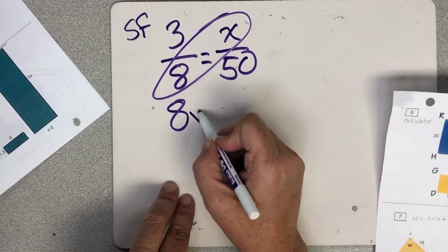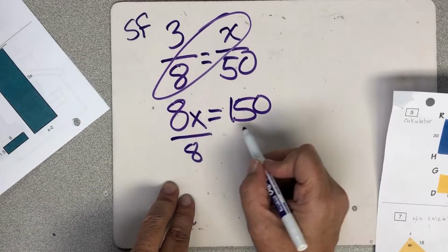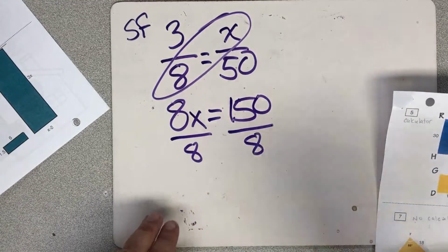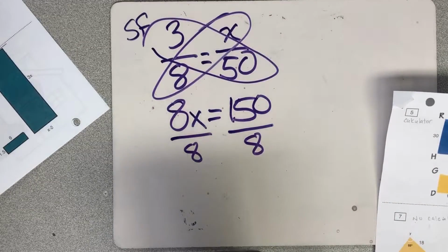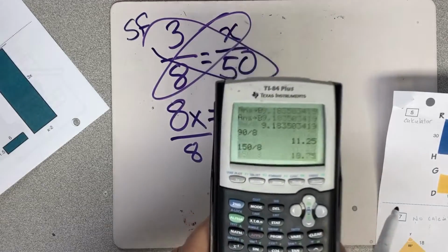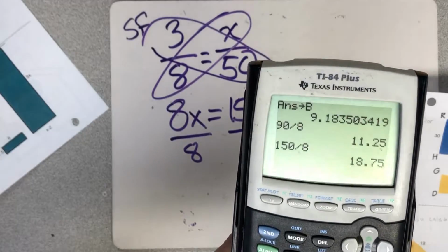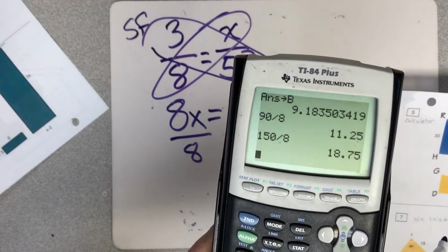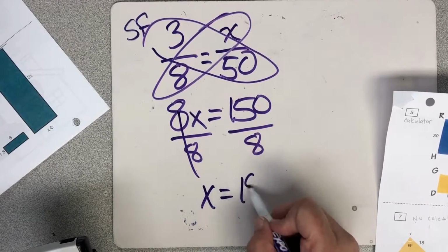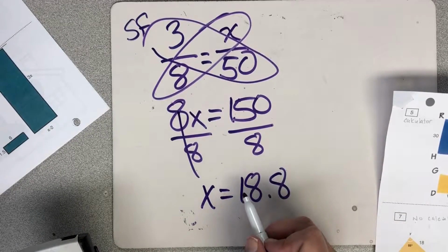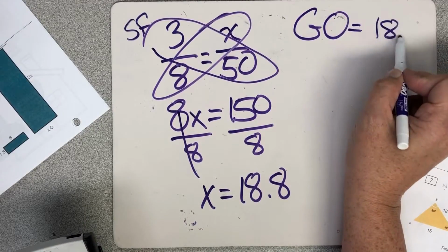So I get 8X equals 150, divide both sides by 8, since 3 times 50 is 150. And 150 divided by 8 is 18.75, which rounds to 18.8. So I should write on my paper that GO equals 18.8.